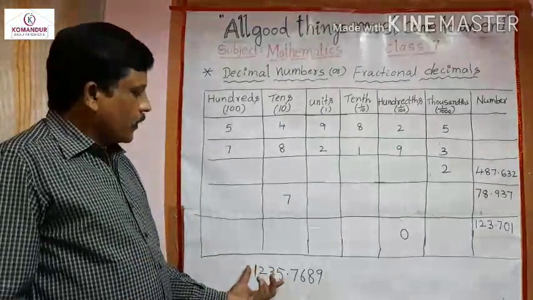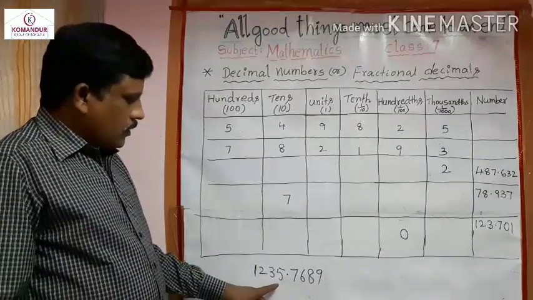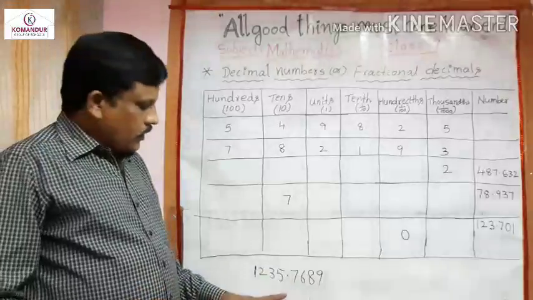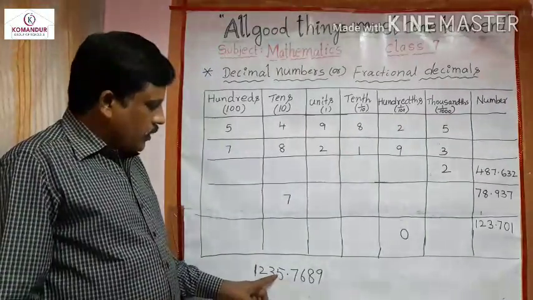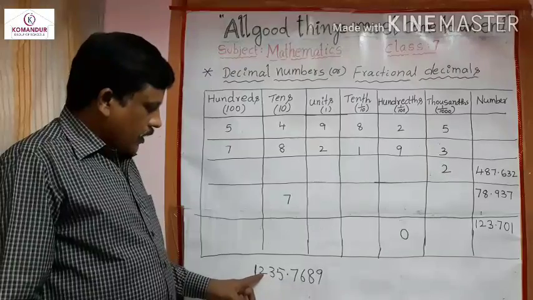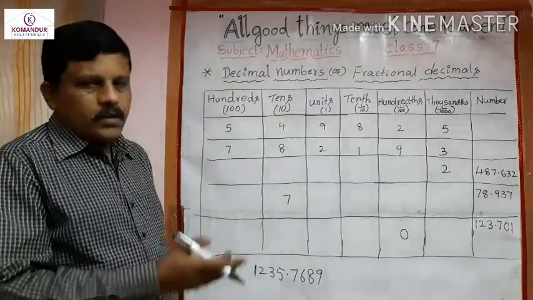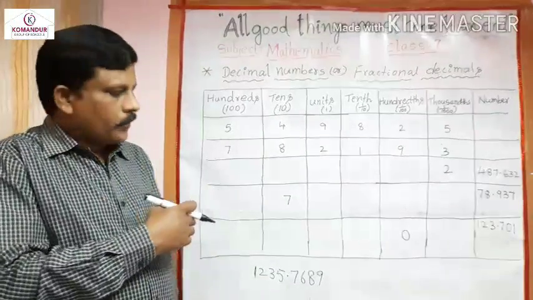Clear this one? Now in these place values, this is units place or ones place, tens place, hundreds place, thousands place, 10,000 place, like that.